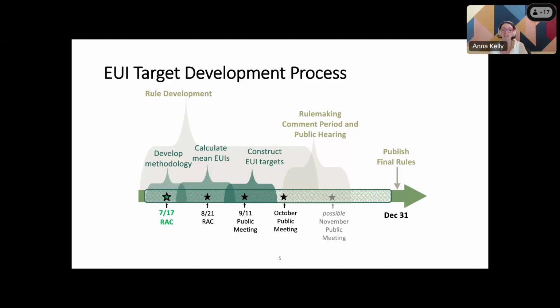And then in our next meeting in just a couple of weeks, we are going to be talking to you about the average or mean EUIs that we have put together for Oregon. Following that, incorporating all of your feedback, we're going to be moving into the target construction phase. The team today is going to go into a lot of detail about what that's going to look like, how your feedback will be incorporated, and also what the baseline typical methodology is that we follow when we're developing EUI targets.